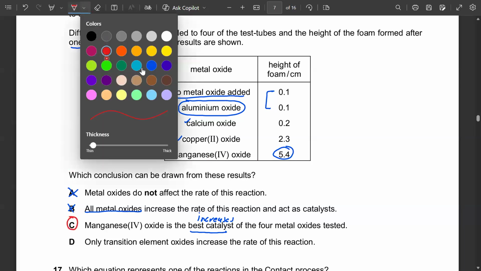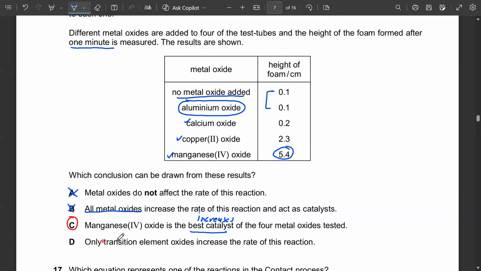Anyway, we also validate option D to see why it is incorrect. Option D says only transition element oxides increase the rate of this reaction. But here we see calcium is not a transition element.